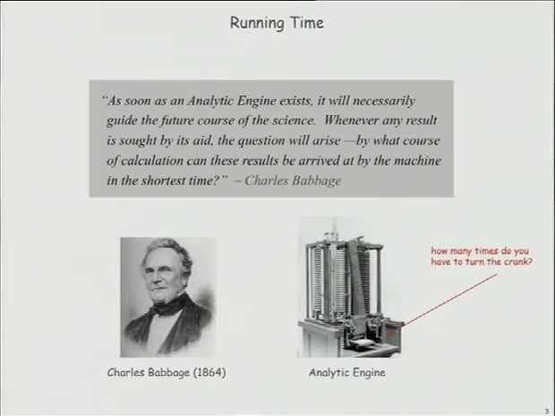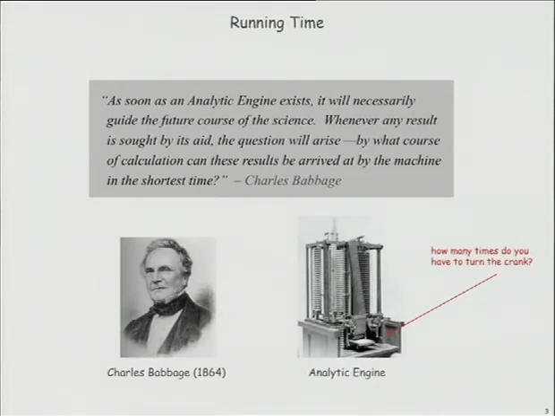He was an English mathematician, philosopher, inventor, and mechanical engineer, and he also developed the idea of an analytical engine. The analytical engine is a mechanical computer, and it's sort of the idea of a programmable computer as well. So he's sort of the father, you could say, of the modern programmable computer.